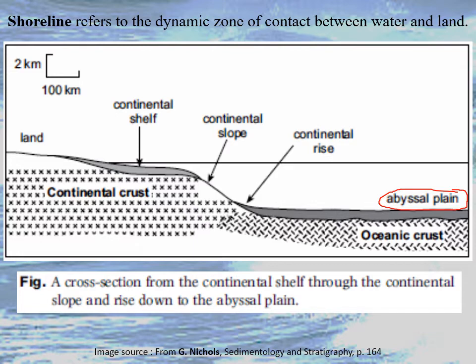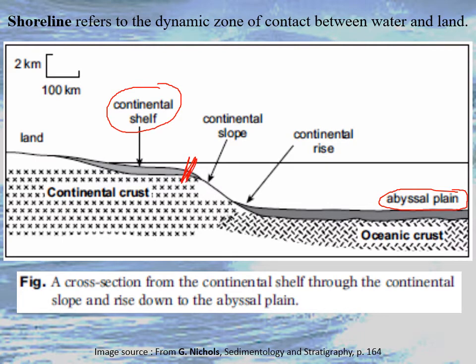We see that above the continental slope, there is again a relatively flat area. The inclination or slope is very less, less than 1 degree or so. This part is known as continental shelf. The junction between continental shelf and continental slope is known as shelf edge break.